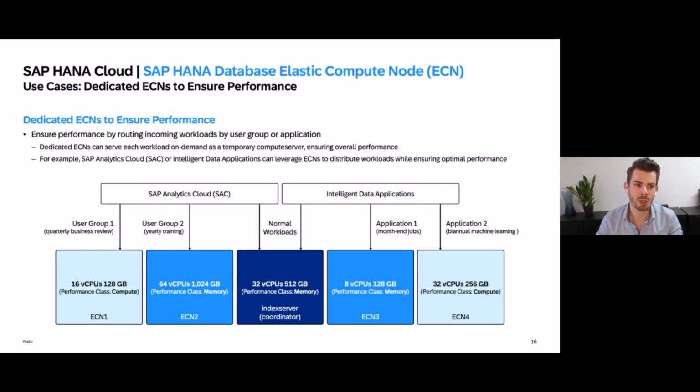Now, the second scenario is slightly different. Here, we're trying to illustrate how you can make use of Elastic Compute nodes to also ensure a fairly constant performance by application. So, for instance, customers running SAP Analytics Cloud on top of HANA Cloud sometimes make use of the same system also for applications that they have created natively and that make use of all the great values of HANA Cloud.